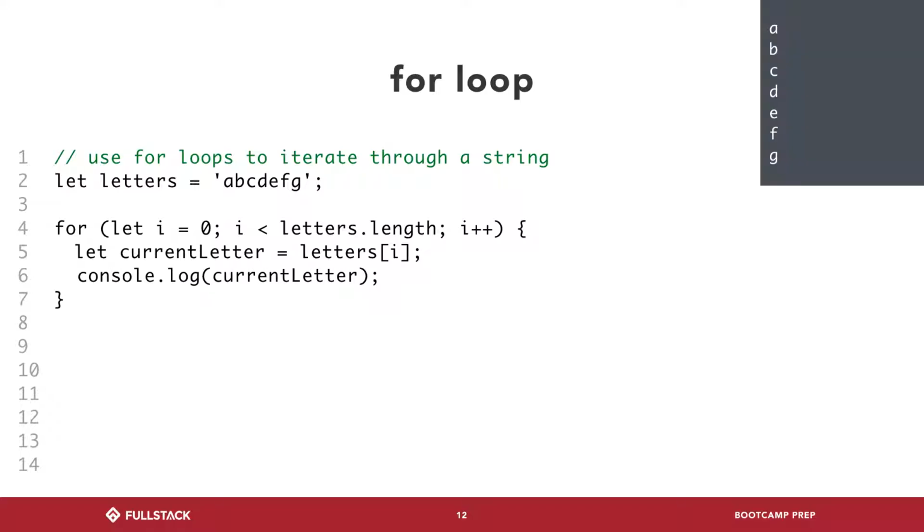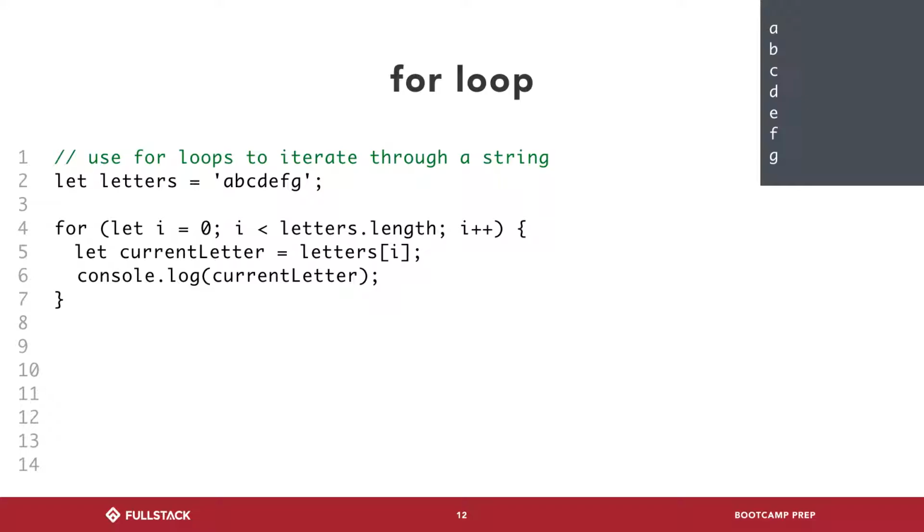Conceptually that's what a for loop is. Let's talk about how we use it in the real world. One of the most common use cases for a for loop is to iterate through a string. A string is a collection of letters and spaces and symbols, so a string has a length.